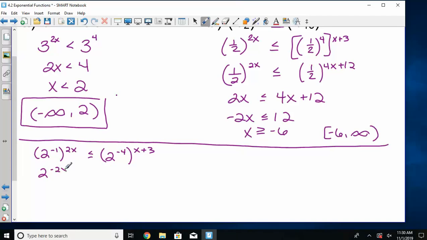So we get 2 to the -2x is less than or equal to 2 to the -4x minus 12. If you drop your base, add our 4x, divide by 2.